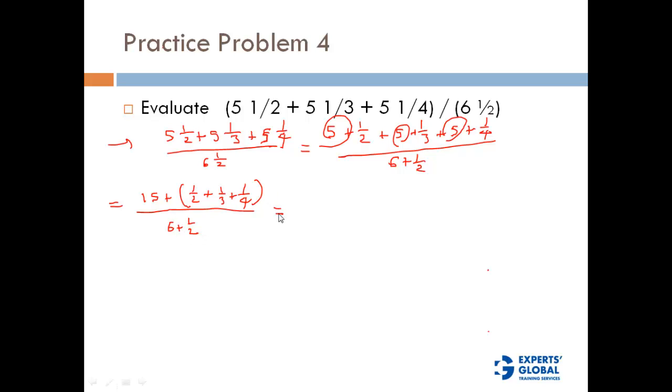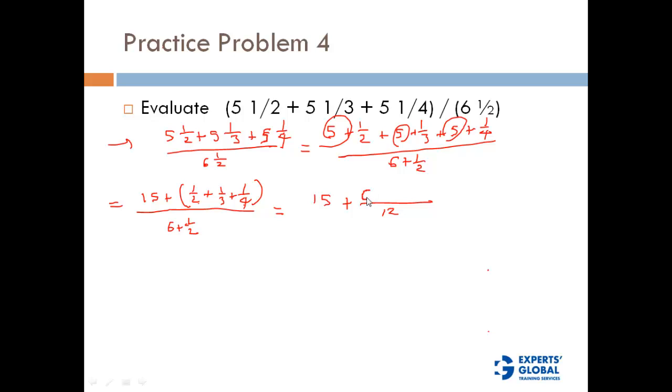Now let's get a common denominator for everything. For these fractions, 12 will be a good common denominator. So we'll write 15 plus 12. How do we convert 1 by 2 into something divided by 12? We have to multiply the denominator by 6, so we'll do the same thing in the numerator and multiply the numerator by 6.